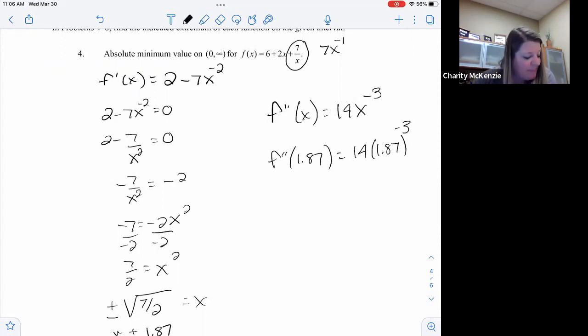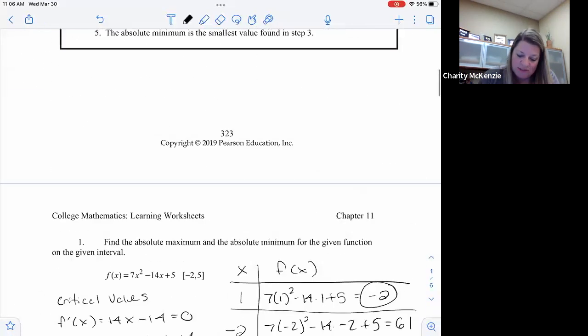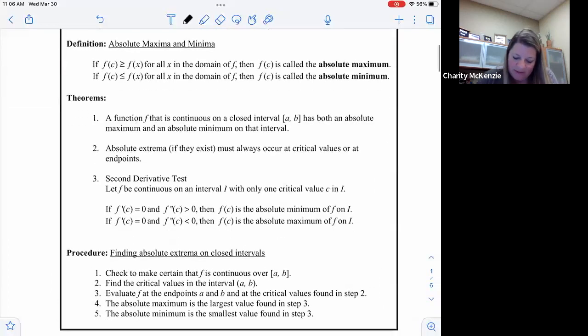So this ends up being about 2.14, so it's positive. What did we say if x was greater than 0 in the second derivative? Was it a min or a max? Go up and look. Greater than 0 is an absolute min.